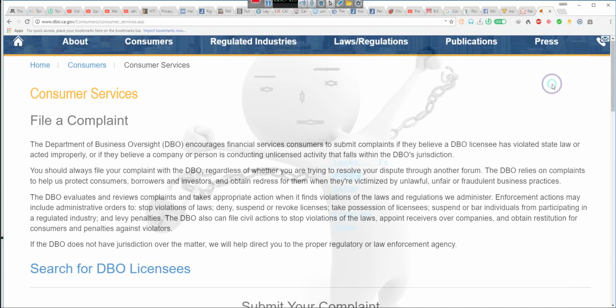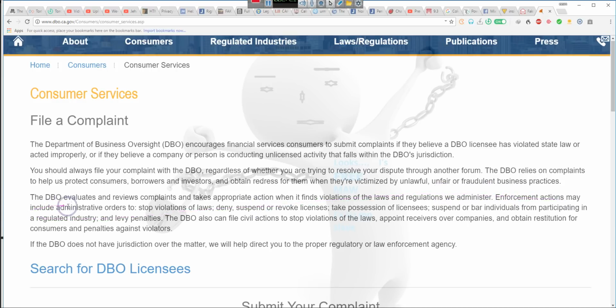Borrowers and investors, and obtain redress for them when they're victimized by unlawful, unfair or fraudulent business practices. The DBO evaluates and reviews complaints and takes appropriate action when it finds violations of the laws and regulations we administer.